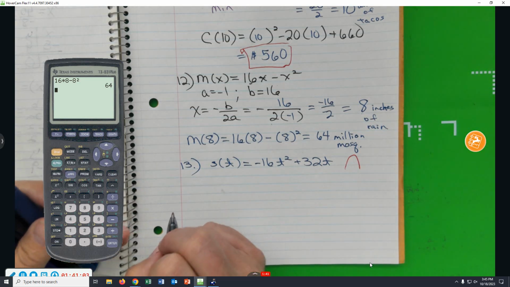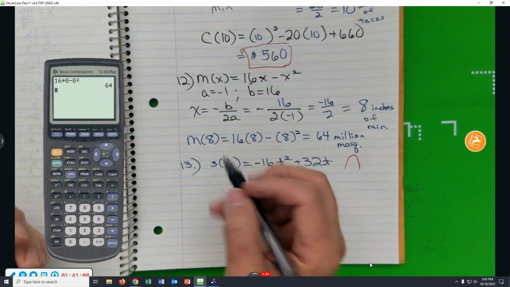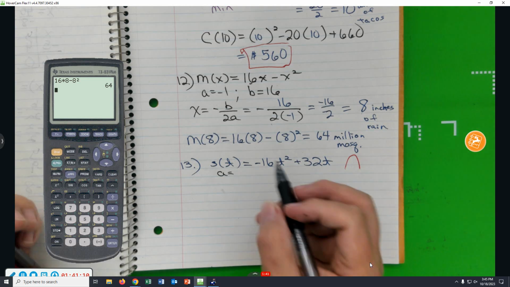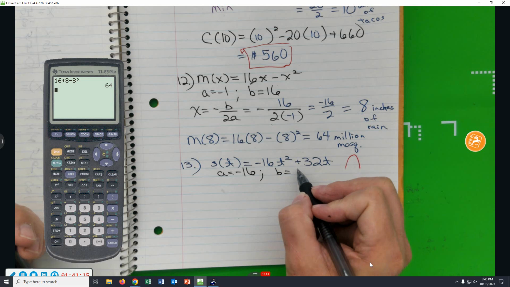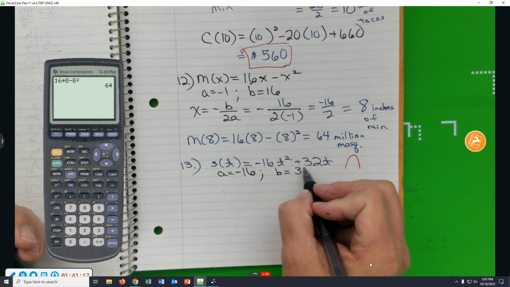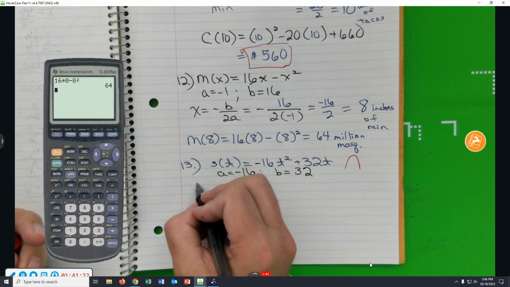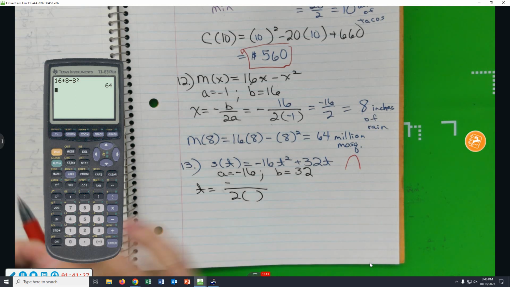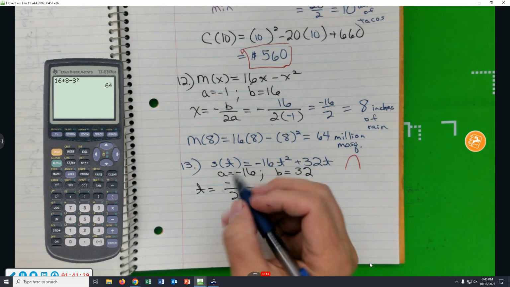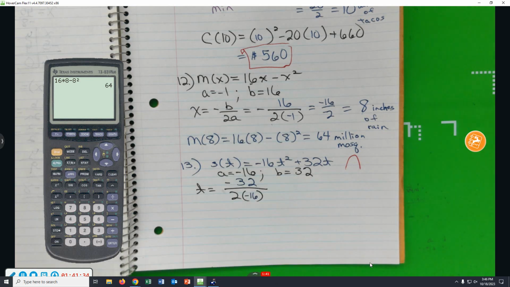So write out your A value and B. What's my A value? Negative 16. My B value is positive 32. So it's not X equals, it's going to be T equals negative B over 2A.